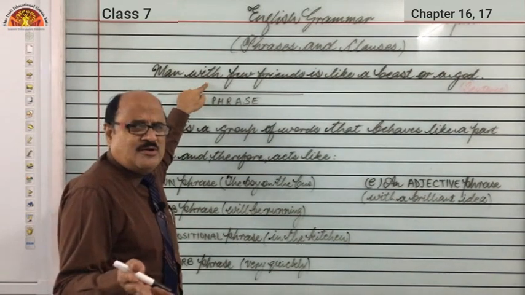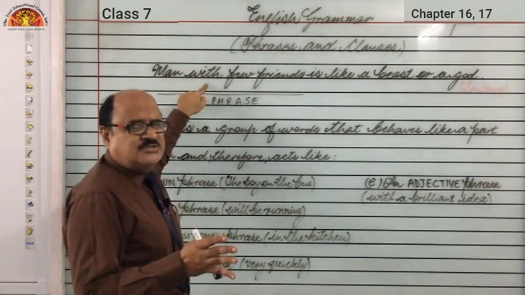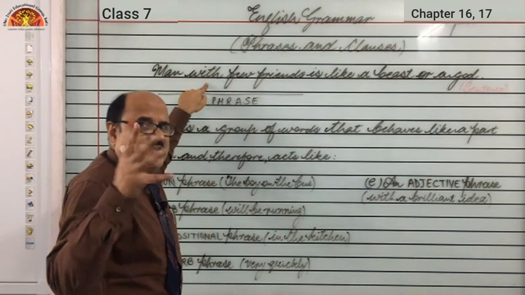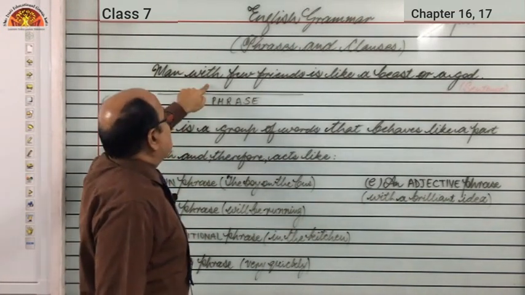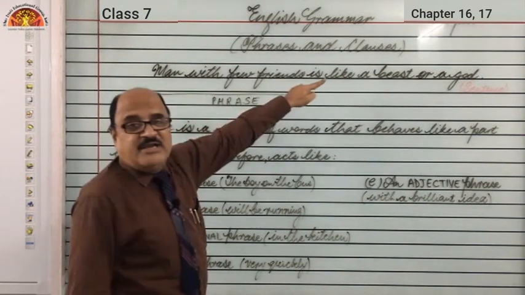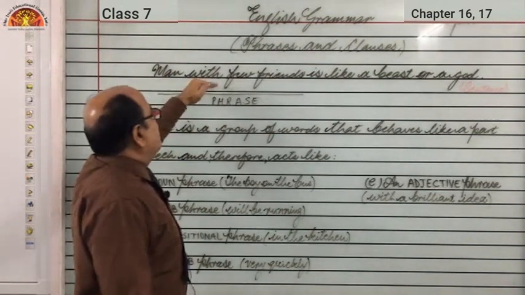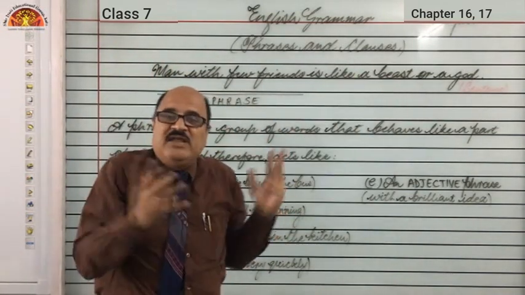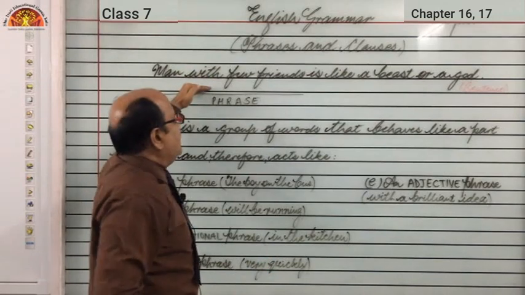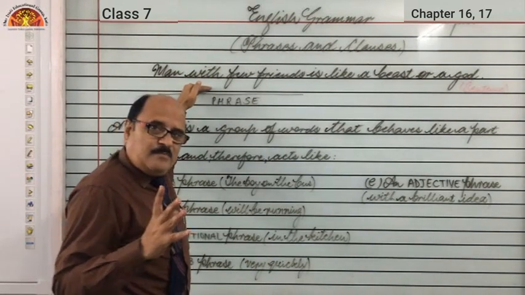Of course not. No doubt this is a collection of words, but it does not express any complete sense. It is a part of the whole sentence, it is helpful in making this whole group of words meaningful, but in itself it is not complete, right?